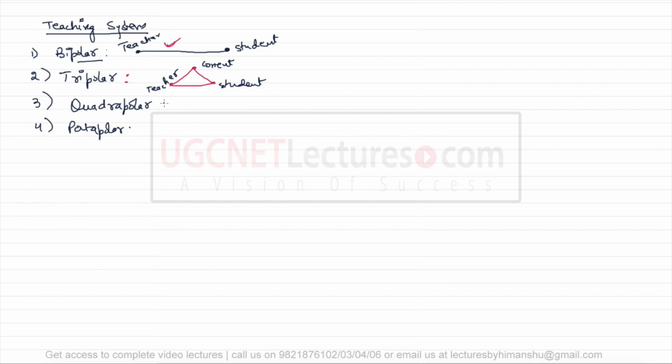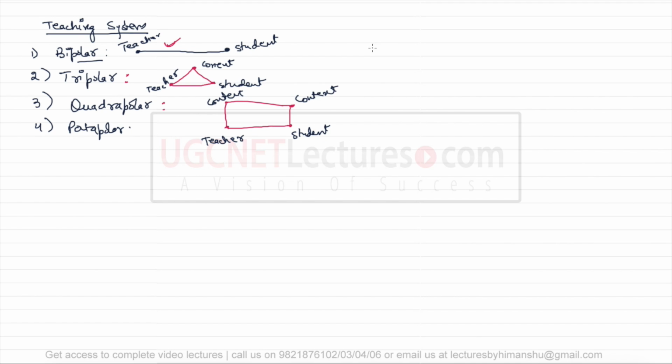And then we have the quadrupolar teaching system. In case of the quadrupolar teaching system, we have 4 poles, where one pole is the teacher, second pole is the student, third pole is the content, and the fourth pole is the context.